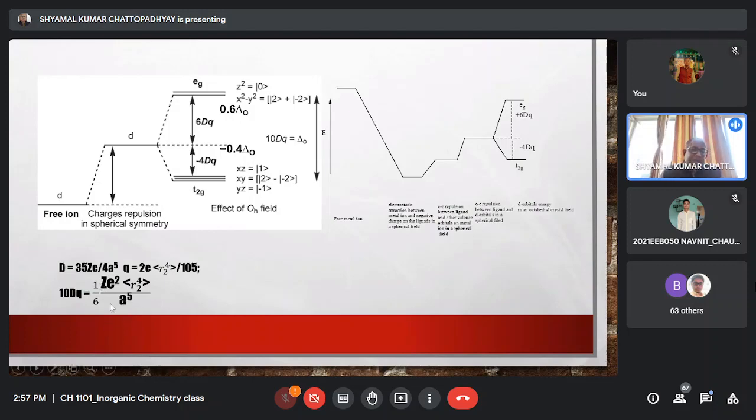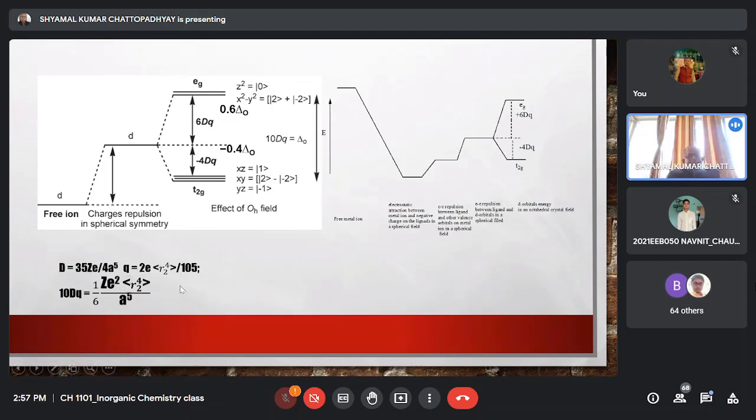We find that it is inversely proportional to the fifth power of the metal ligand distance. So if the metal ligand distance decreases, then the crystal field increases very rapidly, because it is inversely proportional to the fifth power of the metal ligand distance, and it is proportional to the fourth power of the average value of the d orbital radius.